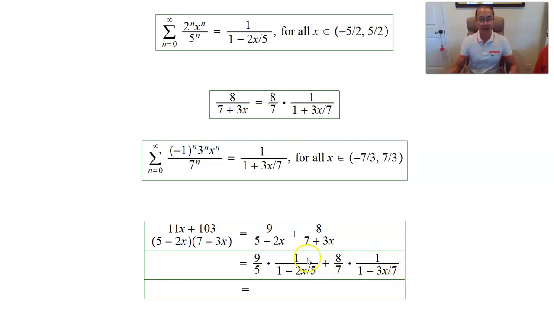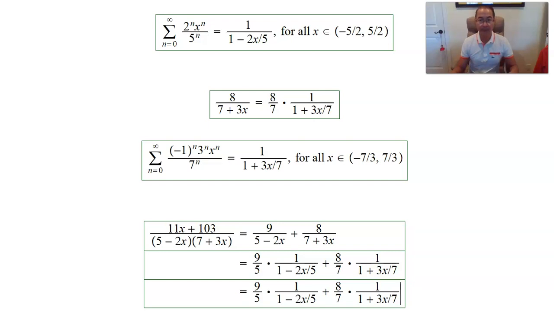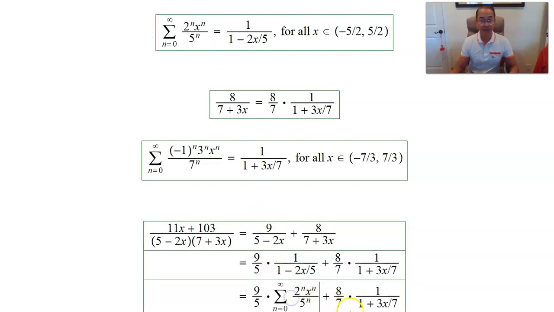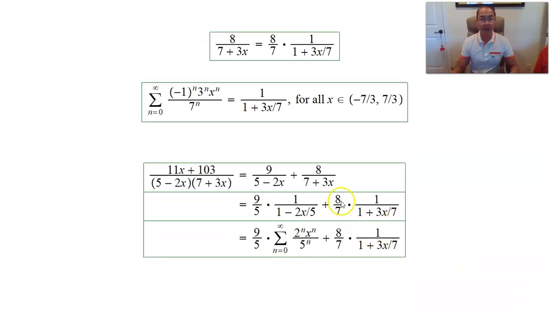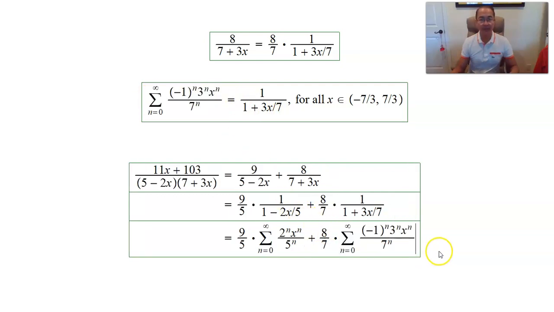We said that this is the same as this representation. So I'm going to copy all of this. And the function 1 over 1 minus 2x over 5 will be replaced by the power series over here. And similarly, our 1 over 1 plus 3x over 7 is this power series over here. So we can do that replacement.